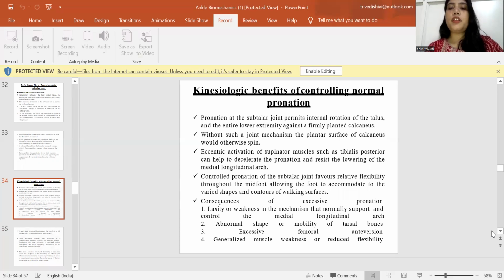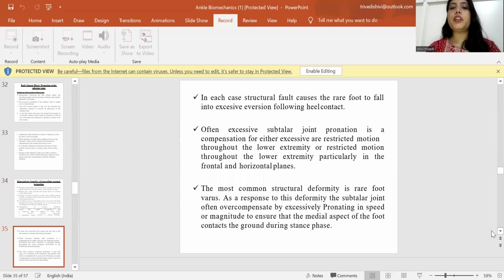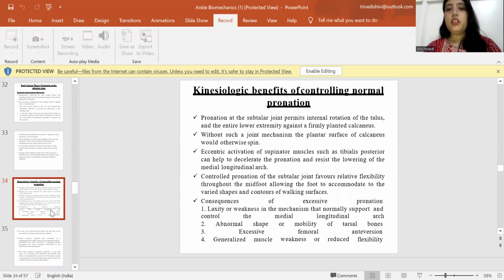Eccentric activation of supinator muscles such as tibialis posterior can help to decelerate the pronation and resist the lowering of the medial longitudinal arch. Controlled pronation of the subtalar joint favors relative flexibility throughout the midfoot, allowing the foot to accommodate to the varied shapes and contours of walking surfaces.